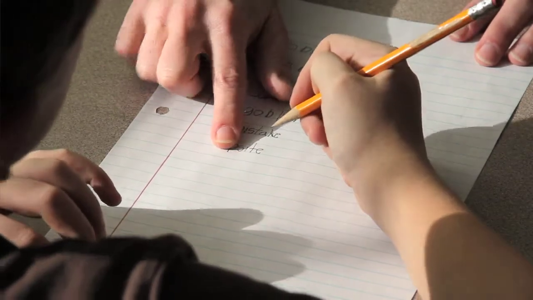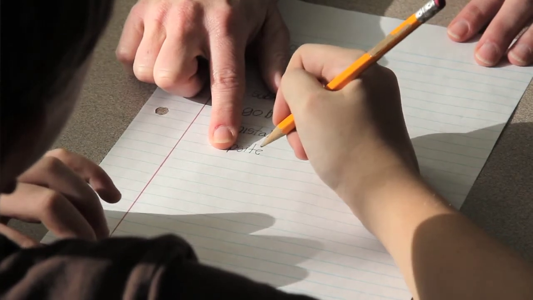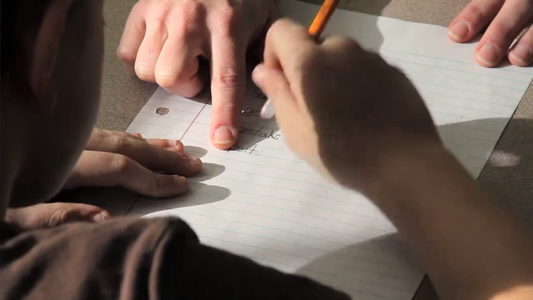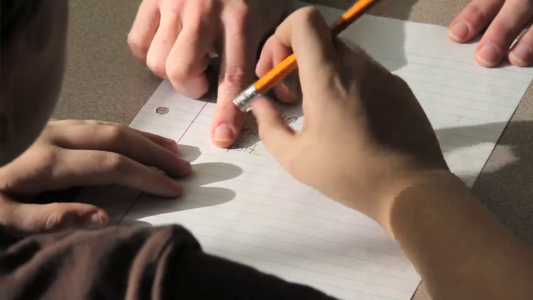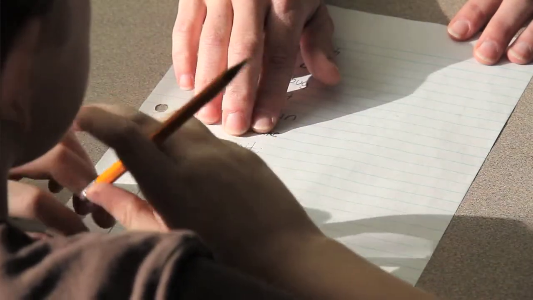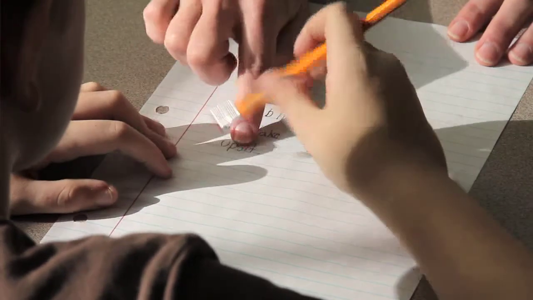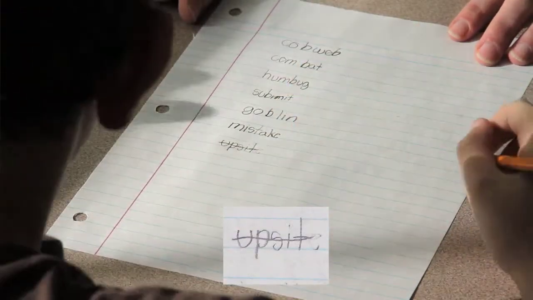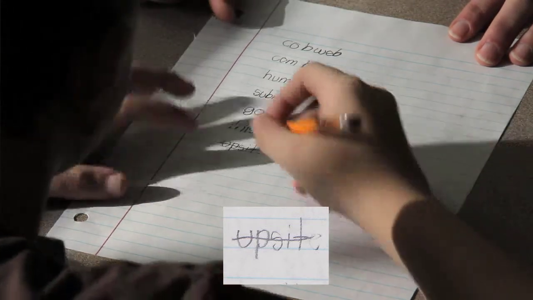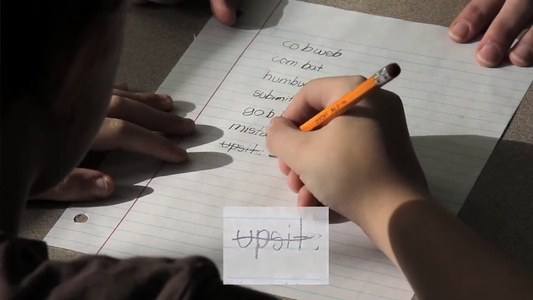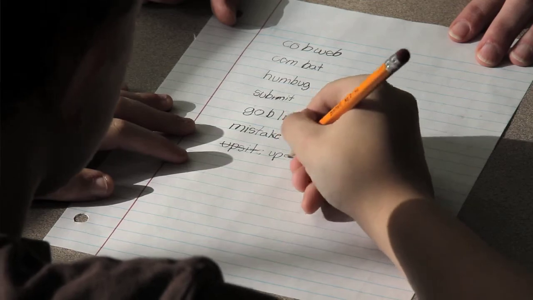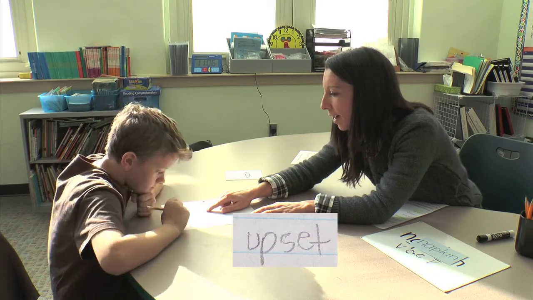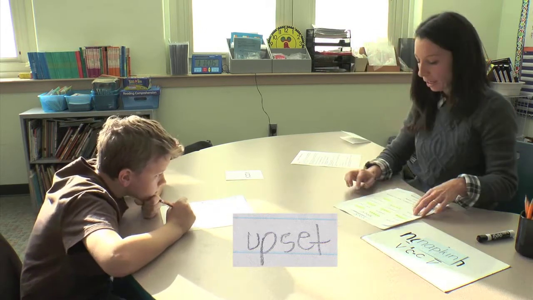Up. And the second part, sound that out. Sight. Okay, now what does it say? Sit. What was our word? Do you remember? Upset. Let's just cross that off for a second. Let's finger spell set, the second part. Okay, do you hear how you could fix it? Perfect. What word do you have now? Upset. Good job. That one was tricky.